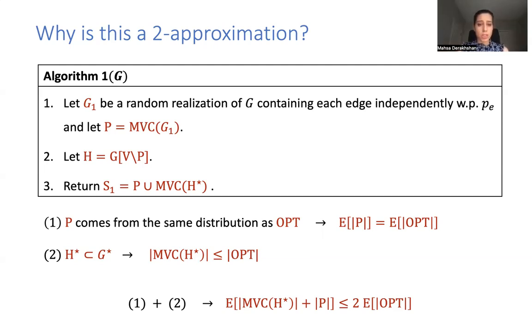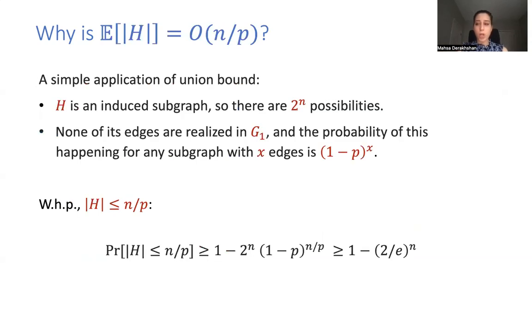Now, the second question: why is it that we query only O of n over p edges? This is just a simple application of the union bound, and there are 2 points. The first one is that H is an induced subgraph of G, so there are at most 2 to the power of n possibilities for it. And the second point is that none of the edges of H are realized in G1.